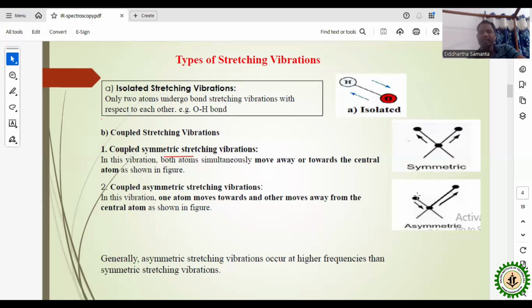In asymmetrical stretching mode, one atom moves close to the central atom and another moves far away from it. This is called asymmetric stretching. Generally, asymmetric stretching requires more energy compared to symmetrical stretching. So these are the coupled stretching.